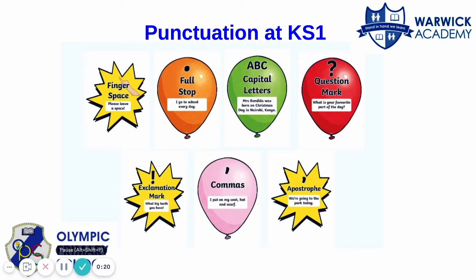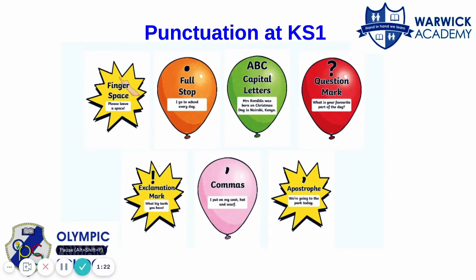On the screen you will see the punctuation terms that we use at Key Stage 1: finger space, full stop, capital letters, question mark, exclamation mark, commas and apostrophe. A comma is used to separate lists and separate clauses, but does not represent the end of a sentence.